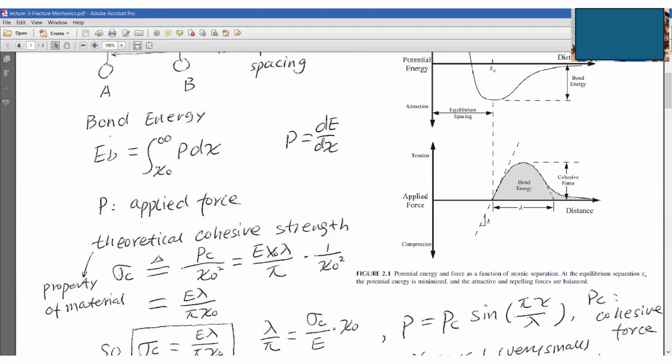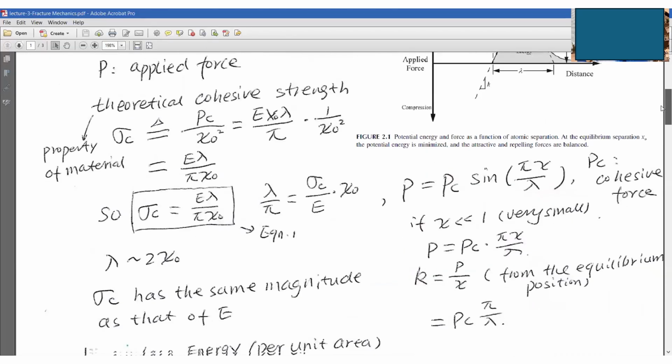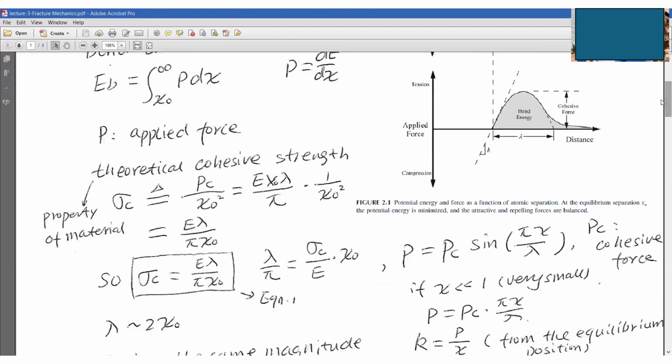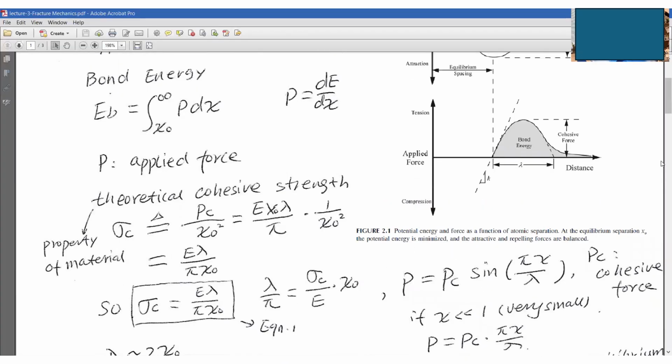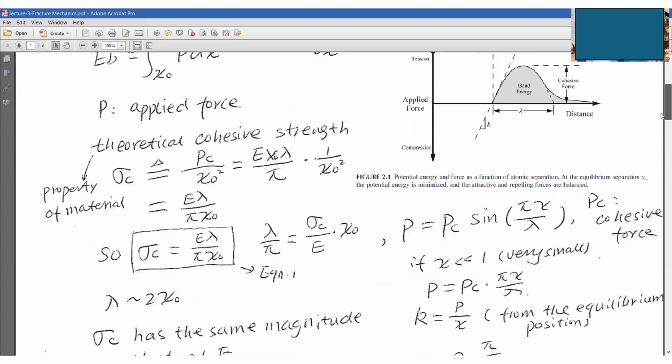We can get sigma C equals E lambda over pi x0. So lambda is a value. Look at this lambda. Lambda is about twice the equilibrium spacing.